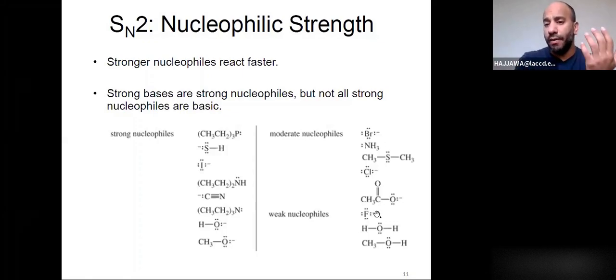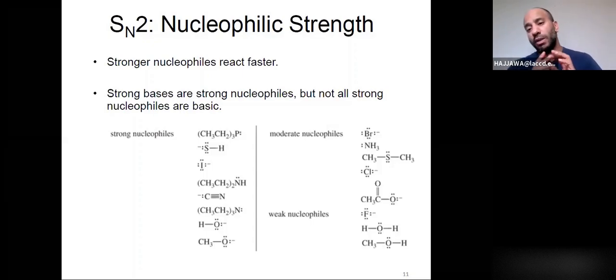What if I have a moderate nucleophile, such as Br- or Cl- or ammonia or the carboxylate or the sulfide? What will happen? Then we're supposed to look at the third factor, that is the solvent. We're going to look at those solvents to determine whether that moderate nucleophile and the secondary alkyl halide will undergo SN1 versus SN2.